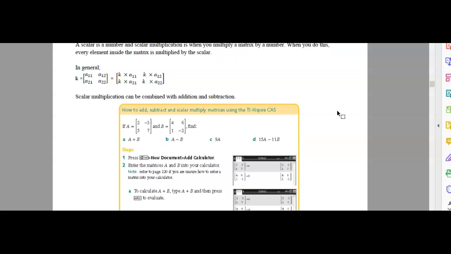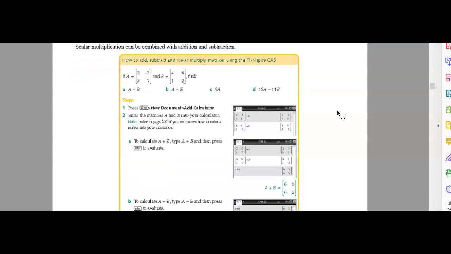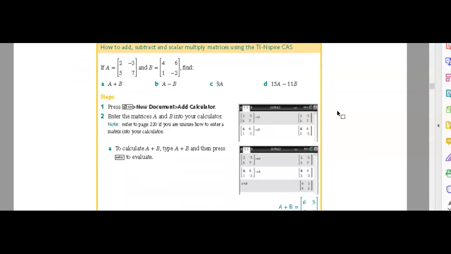Now you can do it in your calculator. So let me just make it a bit bigger so you can actually see it, although you probably have it in front of you. If you're doing several manipulations of a matrix, it's good to allocate it or store it as a matrix. So we went through that in a previous video. So basically you just go to store and you store it as, give it a letter.